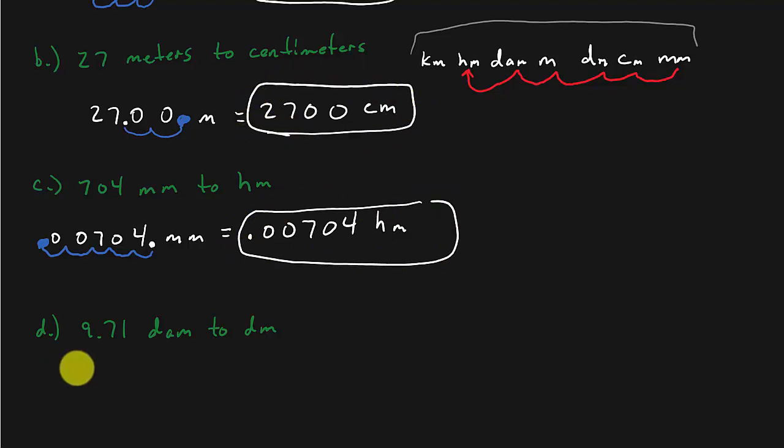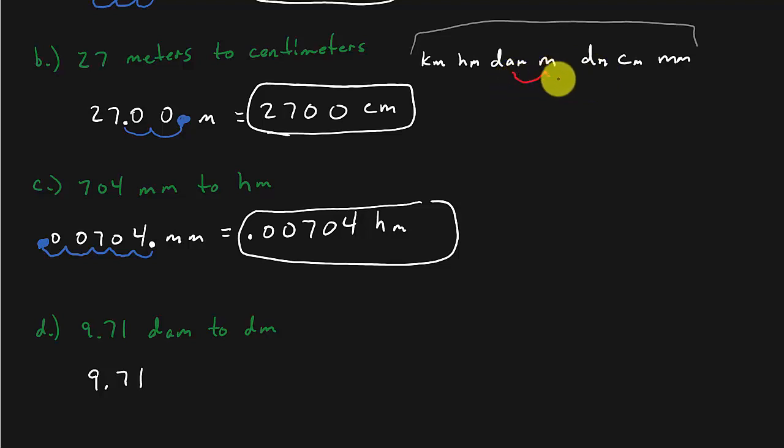All right, so what about this one? I've got 9.71 decameters, and I want to go to decimeters. Let's just come back up to this. So I've got decameters, and I want to go to decimeters.